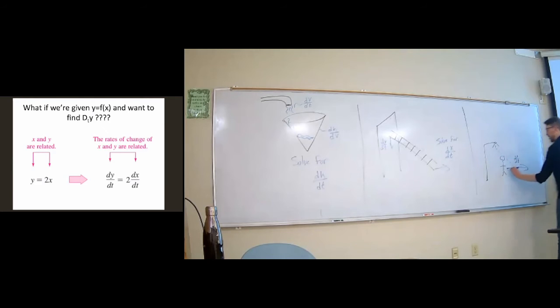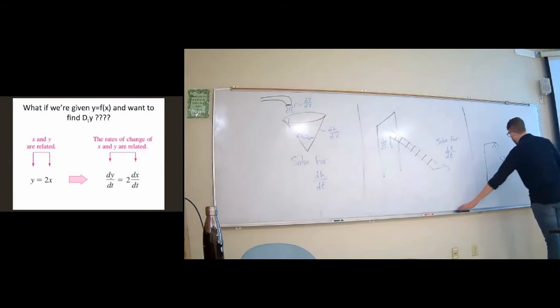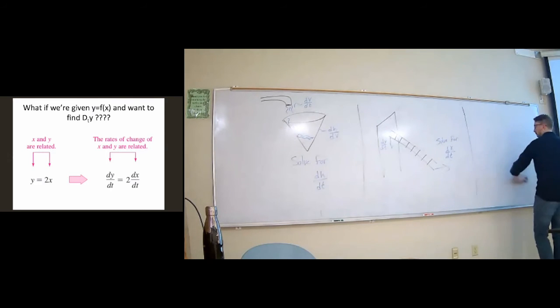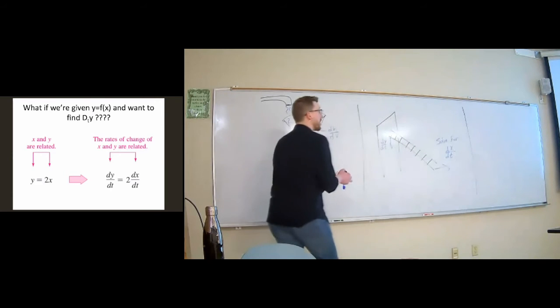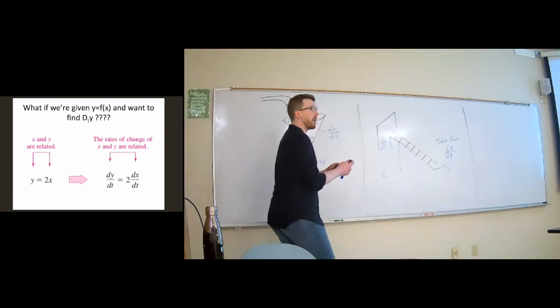So they're casting a shadow. You want to know how fast that shadow shrinks, expands, moves away, whatever, right? There's all sorts of different similar problems that we're going to go over here. And they all use related rates and this idea of chain rule and implicit differentiation, like we just talked about.